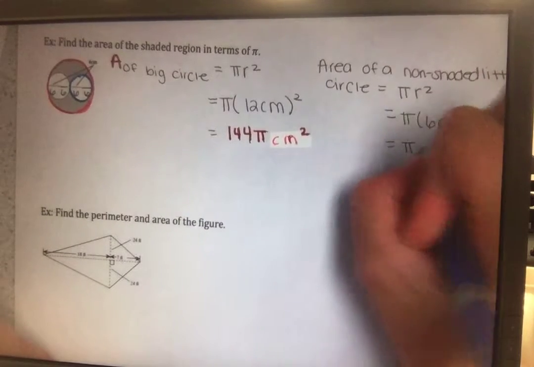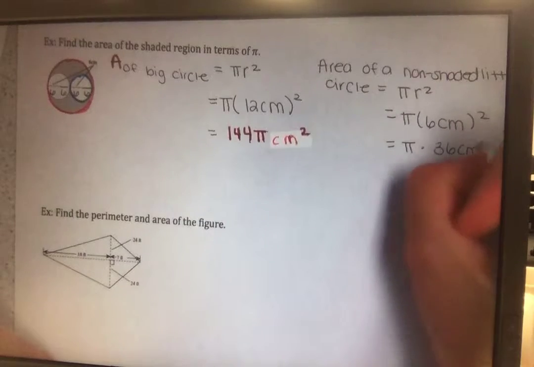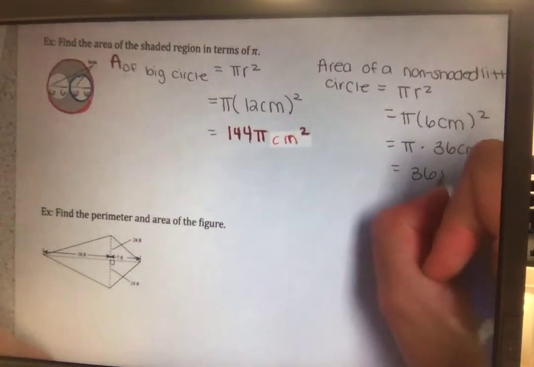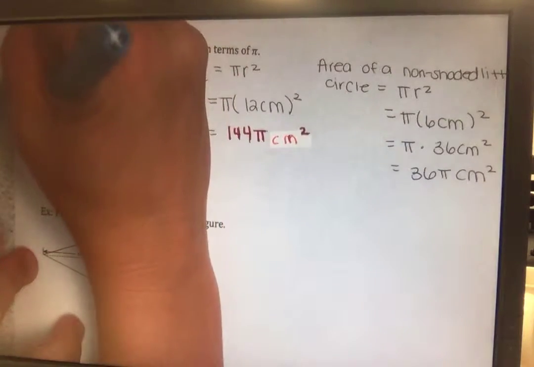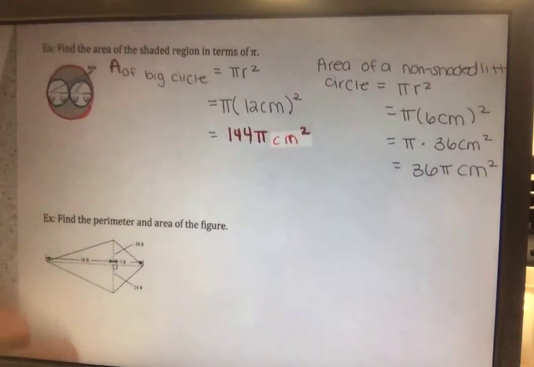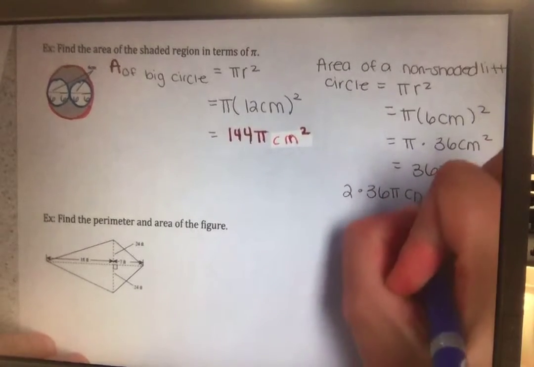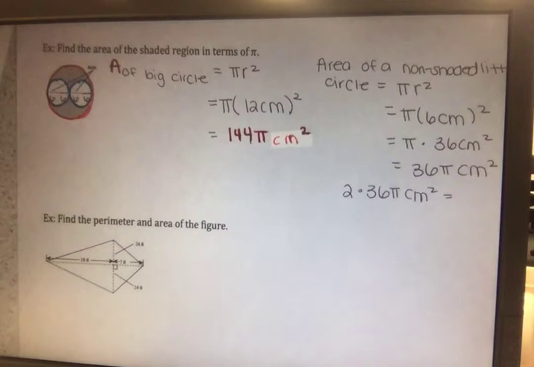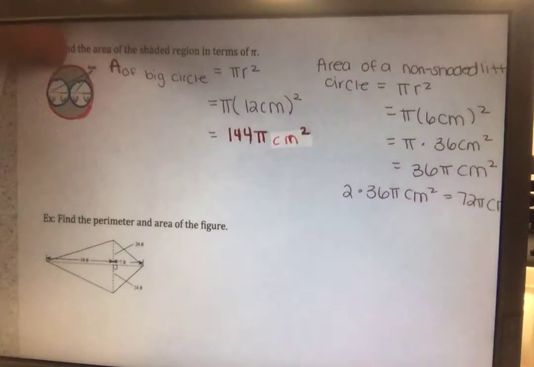So pi times 6 centimeters squared. So 6 times 6 is 36 centimeters squared, which is 36 pi centimeters squared. So there's 2 of them. So we need to multiply this by 2. That will give us 72 pi centimeters squared.